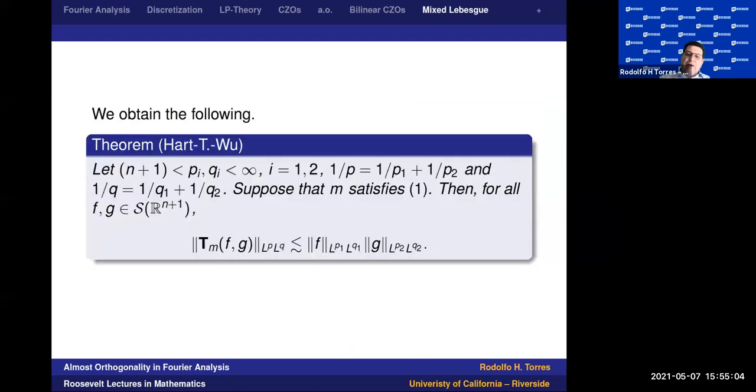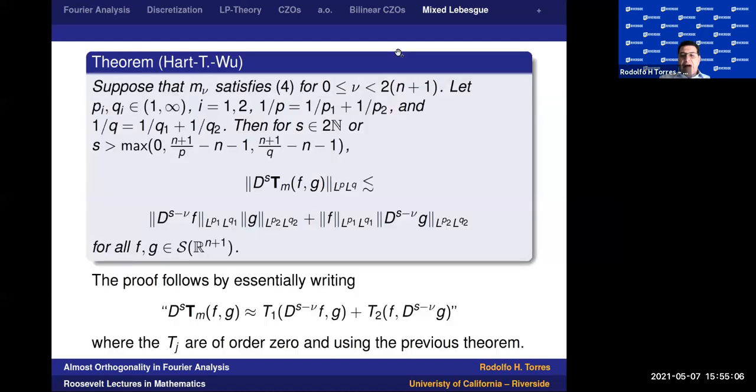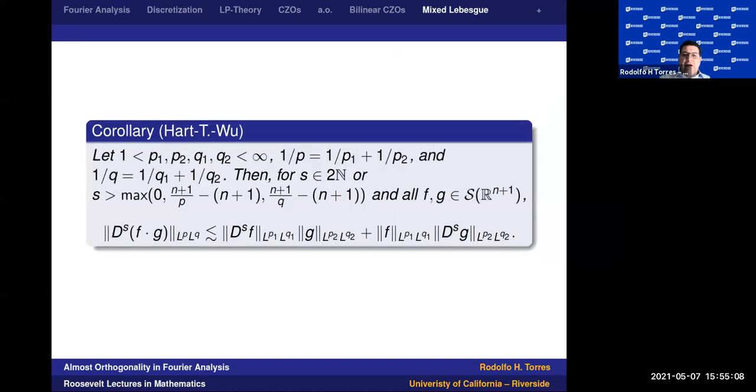And so they are bounded. And so that's how we obtain the expression we were trying to get. In particular, when we set the symbol M to be the function 1, that's probably the only interesting case for this talk, we now establish the Leibniz rule, but with mixed Lebesgue norm.